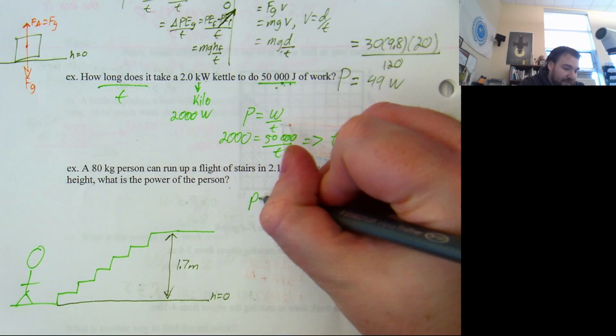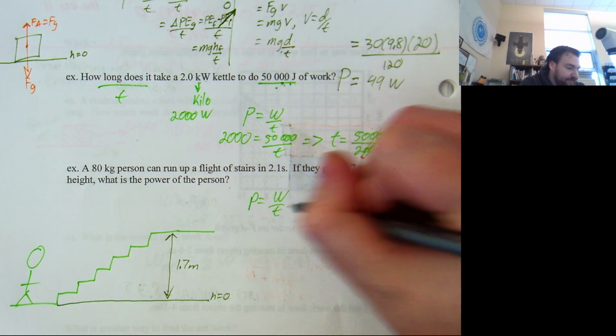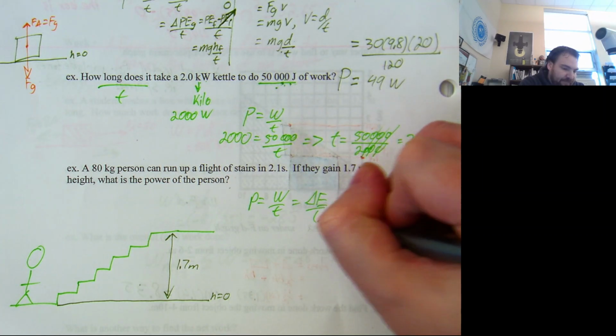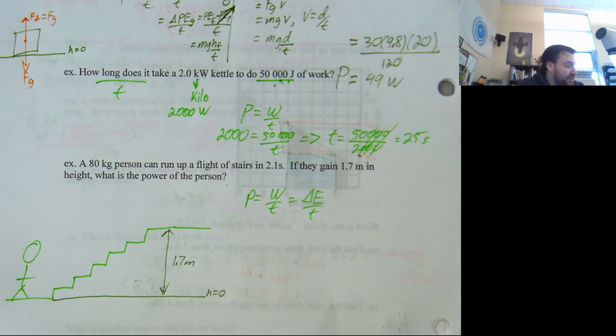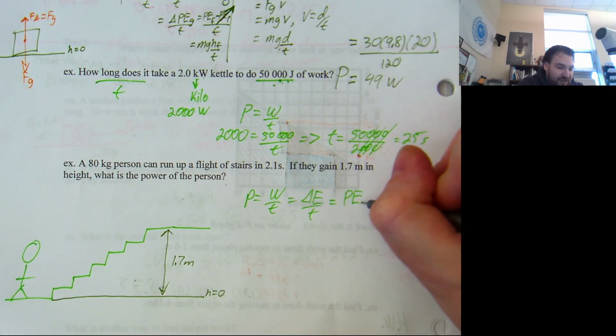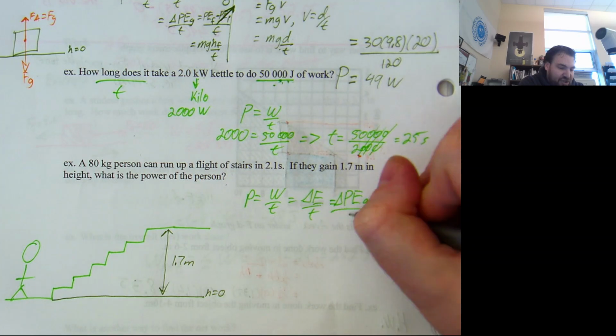Well, power is equal to work divided by time, which is equal to a change in energy over time. What energy is changing for the person? Potential gravitational energy. So PEG, this is going to be change in PEG over time.